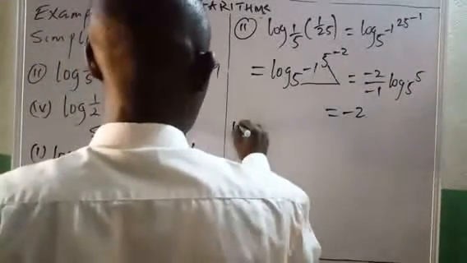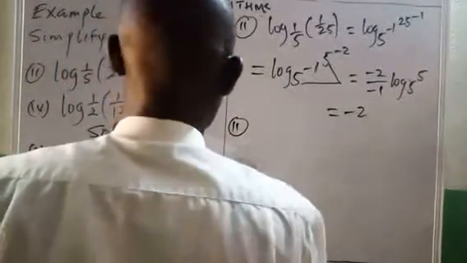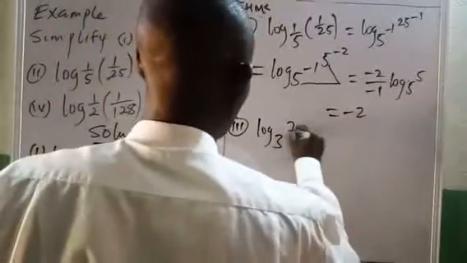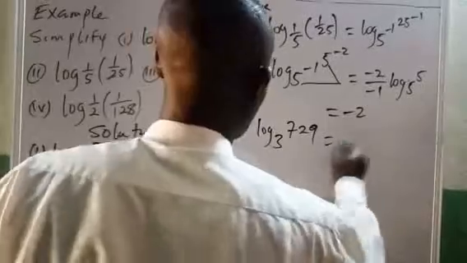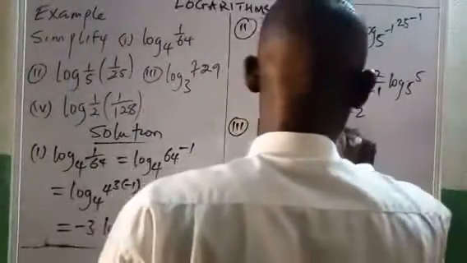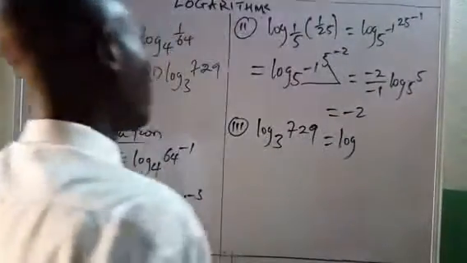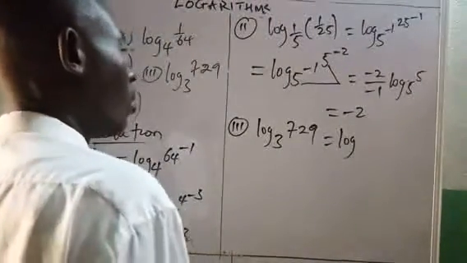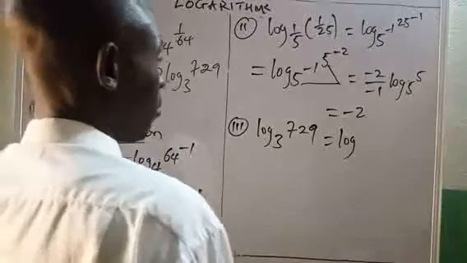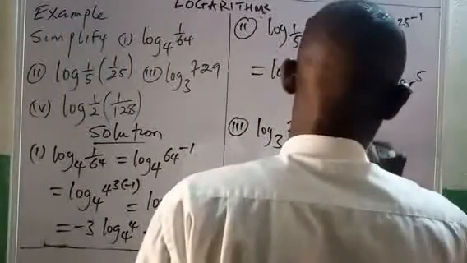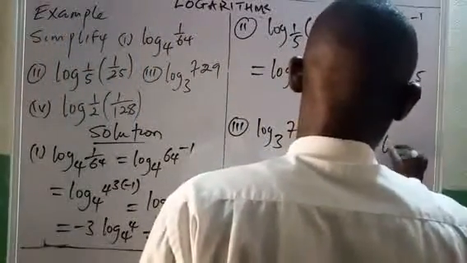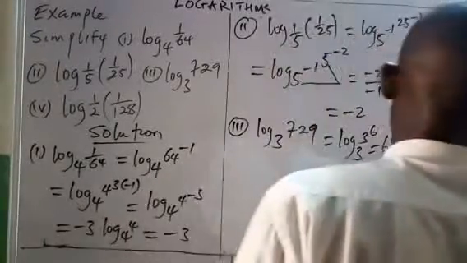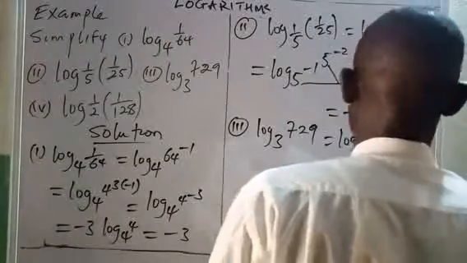So number 3, you have log 729 to base 3. 729 is 3 raised to the power of 6. That will be 6 log 3 of 3, which will be equal to 6.